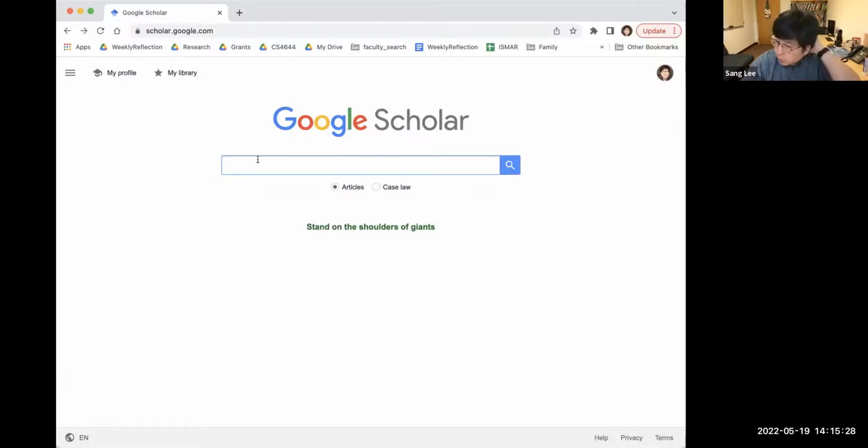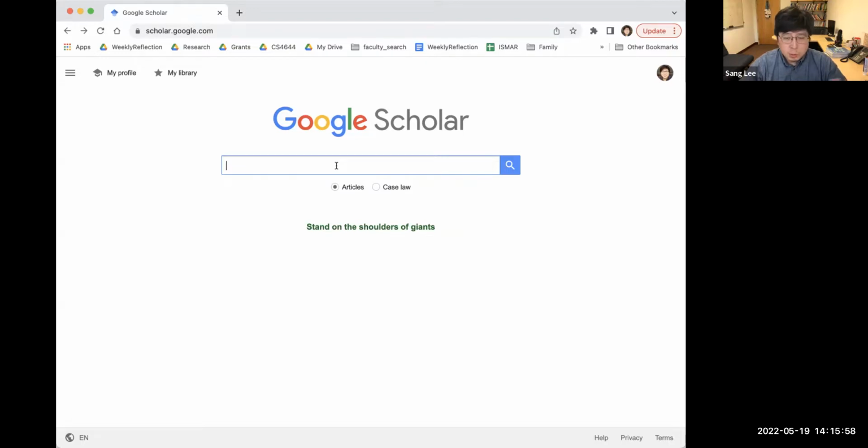Okay, hopefully everyone sees this Google Scholar website. Basically it looks like the Google search engine. The difference is that it's going to return search results only from books or academic papers or patents or certain online materials that are often cited in academic papers or books.